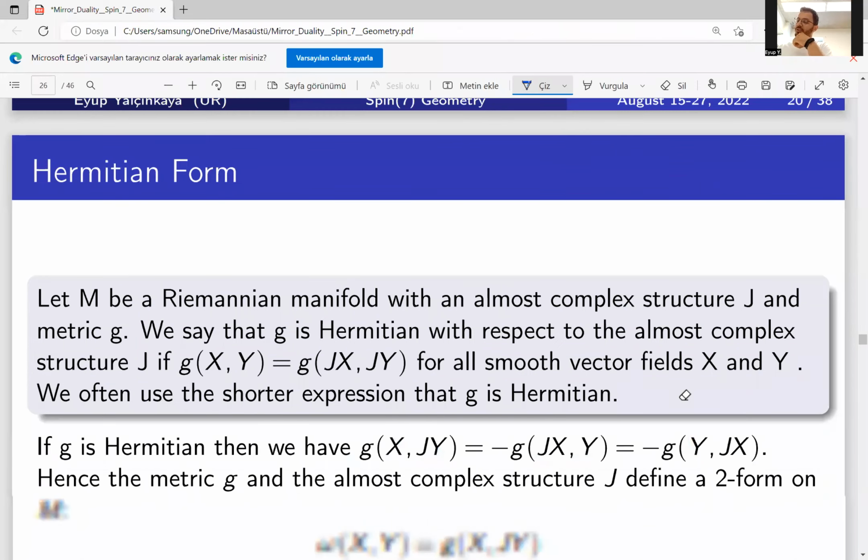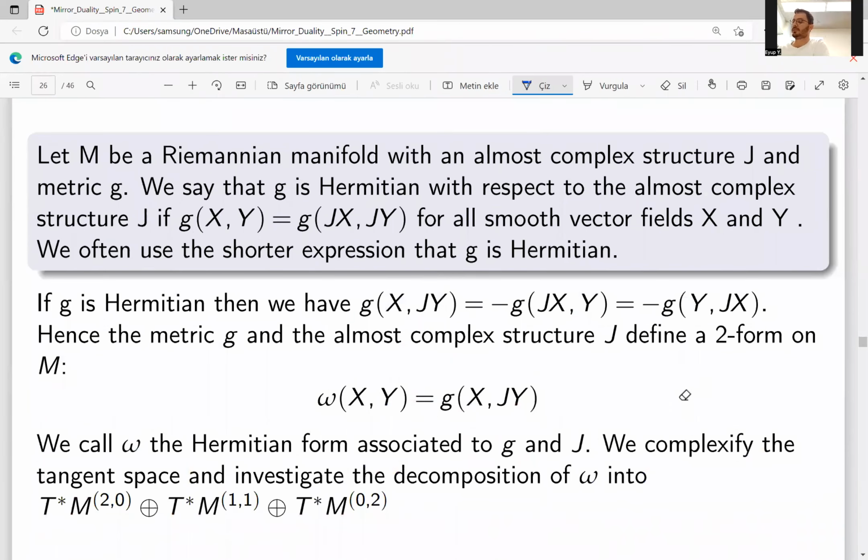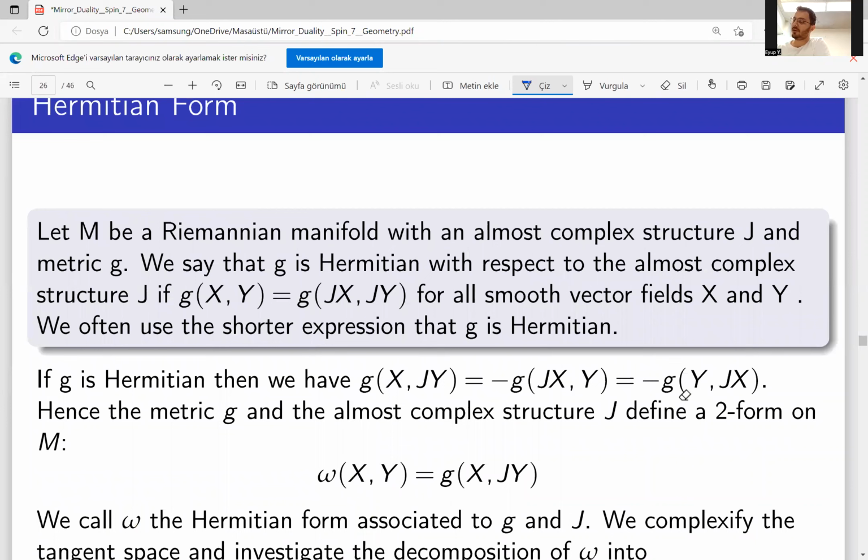So the Hermitian form: if you have an almost complex structure and a metric, our metric can be compatible with this almost complex structure.